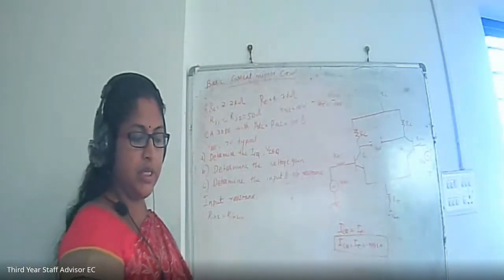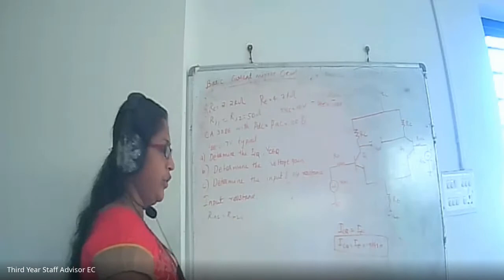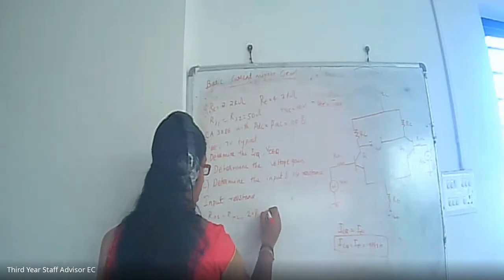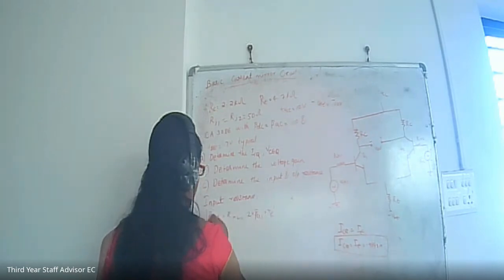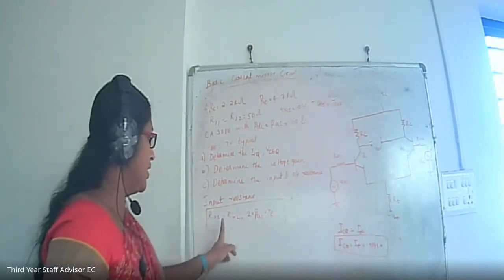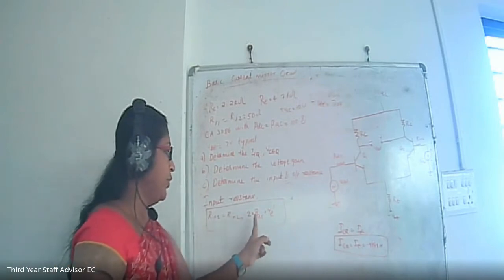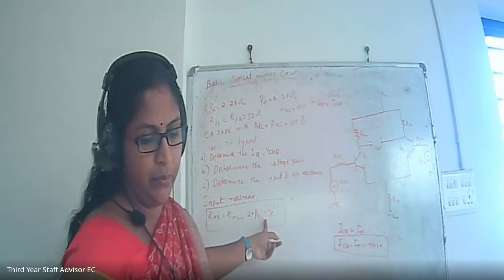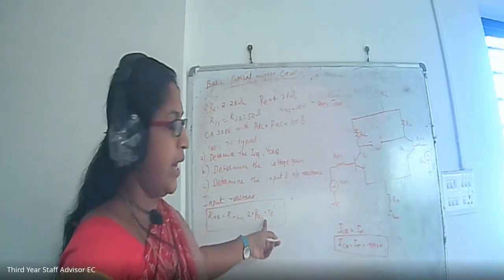Input resistance Rin1 equal to Rin2 equal to 2 into beta AC into Re dash. So this is an important equation. That is our equation for finding input resistance, 2 beta AC into Re dash.